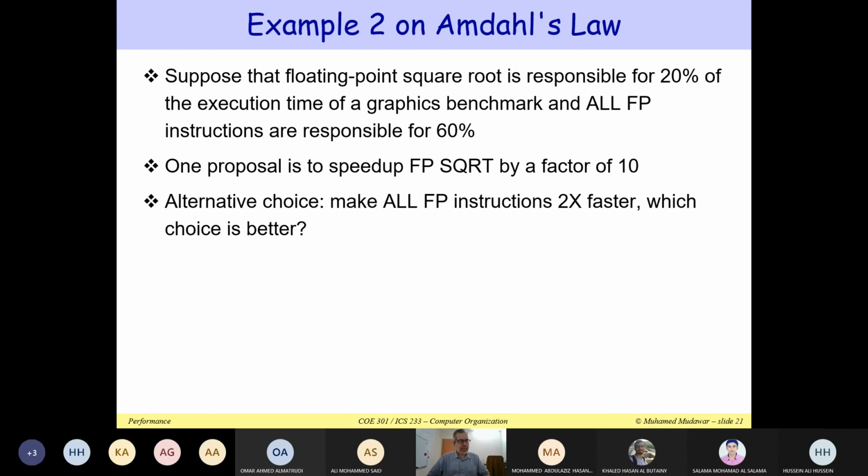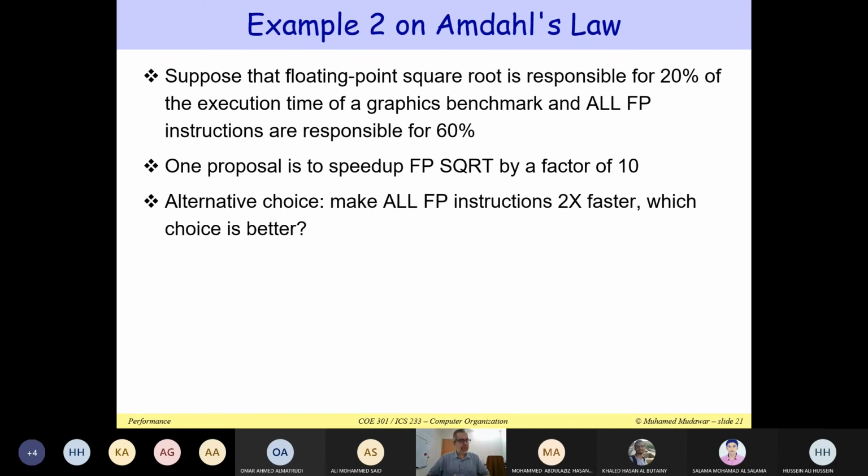So which proposal is better? Should we improve only the floating point square root, which is responsible for 20% of the execution time, making it 10x faster? Or should we improve all the floating point instructions by 2x, including the square root?